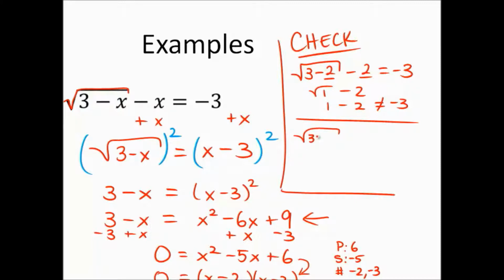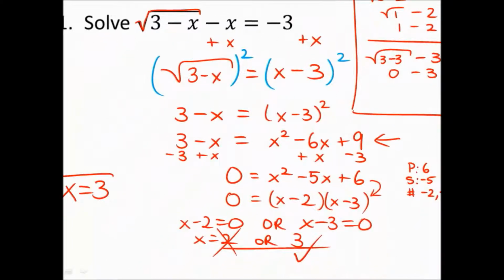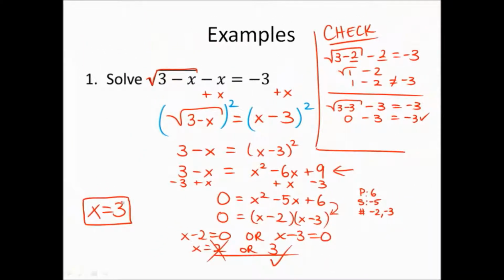That'll give us root 3 minus 3, and then minus 3. Is that going to equal -3? 0 minus 3 is -3. So this one works. So this is why it's important to check your solutions, because they're not always going to work. In our case, only x equals 3 is a solution.